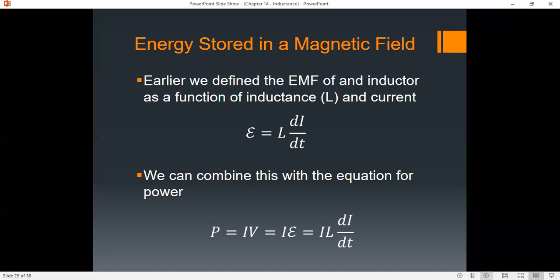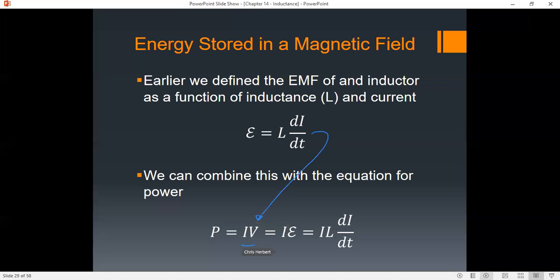Earlier we said that the EMF of an inductor is equal to the self-inductance of the inductor times the change in current as a function of time. Now, we're going to take this equation and plug it into the equation for power.